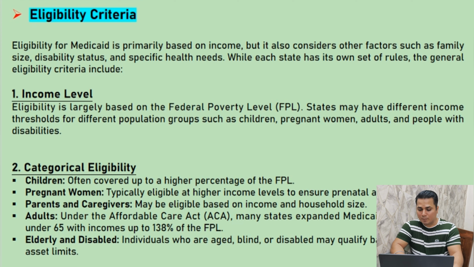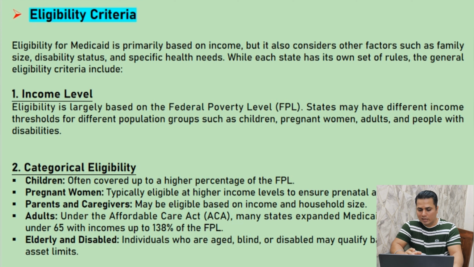Eligibility is largely based on the federal poverty level, which is also called FPL for short. States may have different income thresholds for different population groups such as children, pregnant women, adults, and people with disabilities.